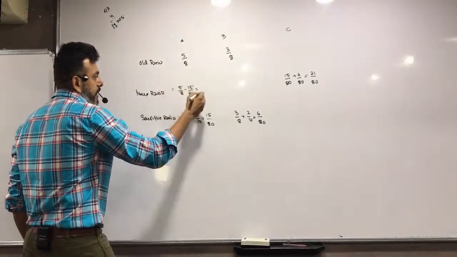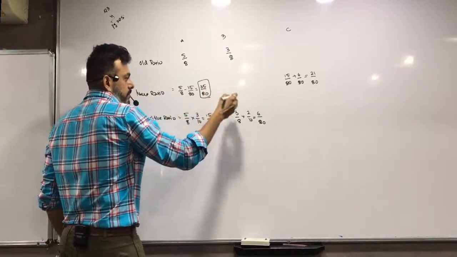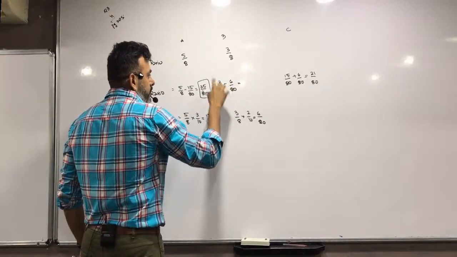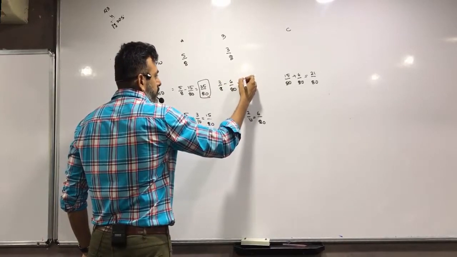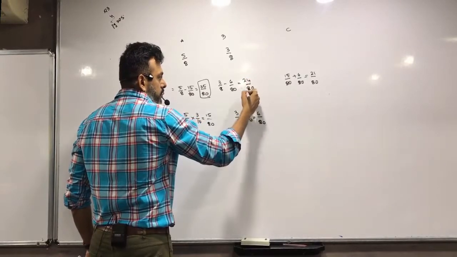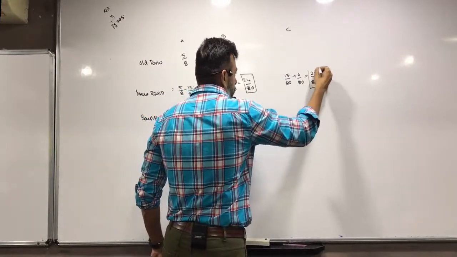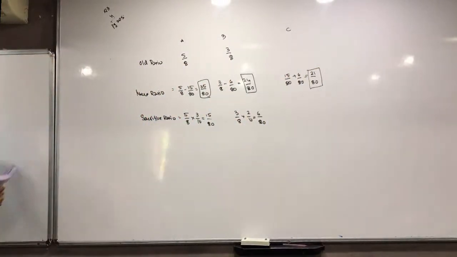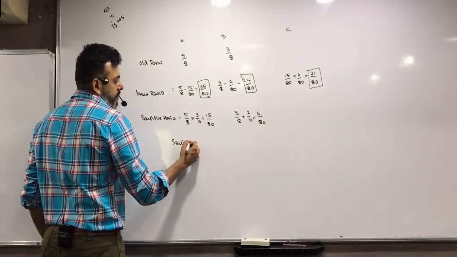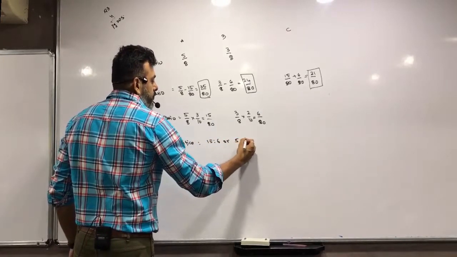LCM is 80, so 35 by 80. 3 by 8 minus 6 by 80: 30 minus 6 is 24. And C is 21 by 80. Therefore, sacrifice is 15 is to 6, or 5 is to 2.